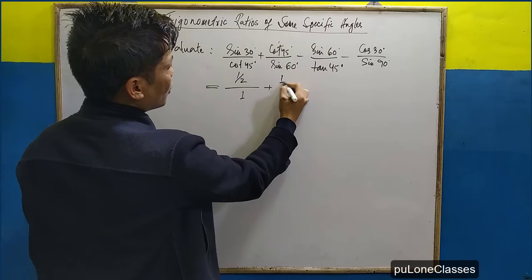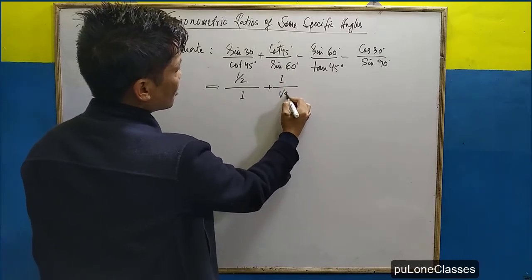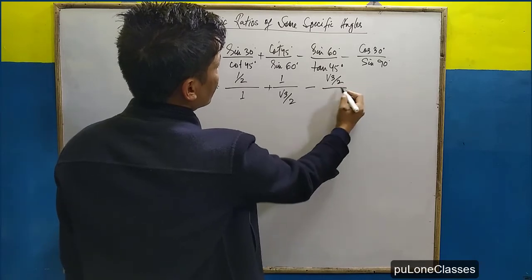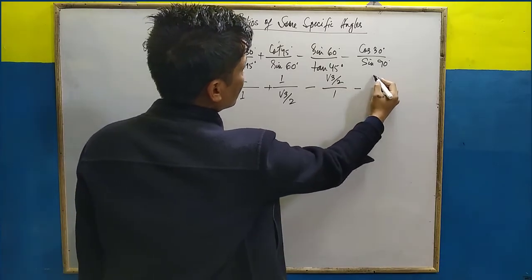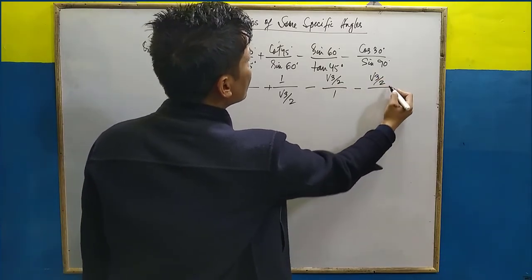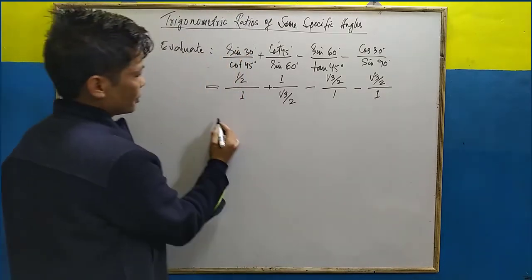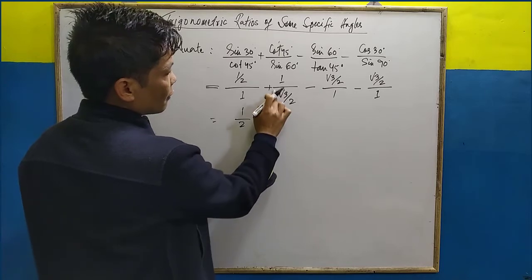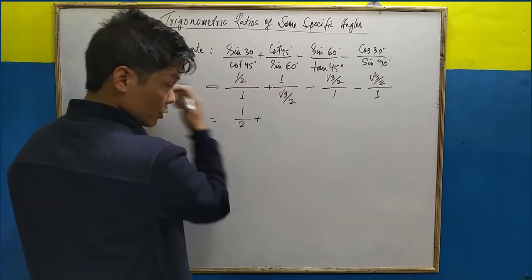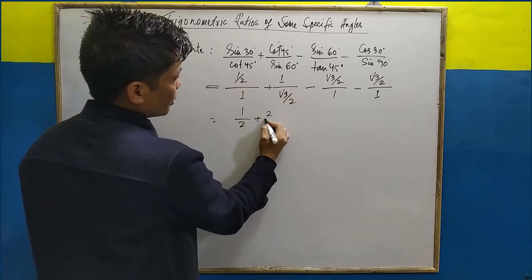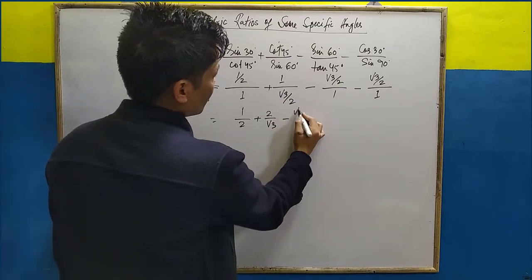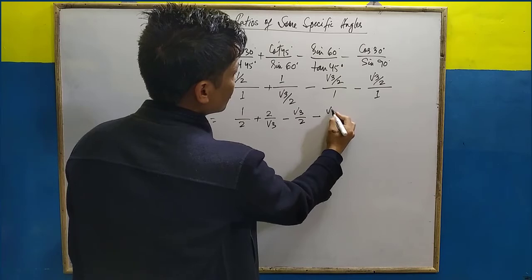Cot 45 is 1, sin of 60 degrees is root 3 by 2, minus sin of 60 is root 3 by 2, then tan 45 is 1, minus cos of 30 is root 3 by 2, sin of 90 degrees is 1. So if I divide half by 1, I'll get half, plus if I change this one into reciprocal and multiplication, then this will become 2 by root 3, minus root 3 by 2 divided by 1 is root 3 by 2, minus root 3 by 2.